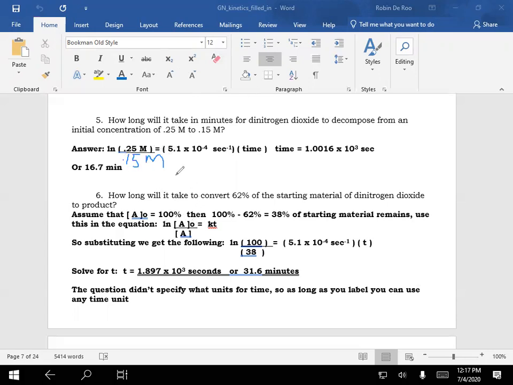Okay, so the A sub 0, that's this one. So here's our A sub 0, so that goes here. And then the A is on the bottom. That's this one, that goes here. And then you have one equation, one unknown.